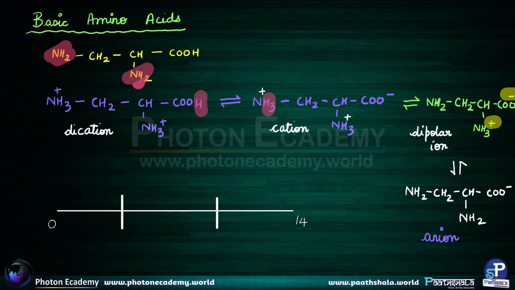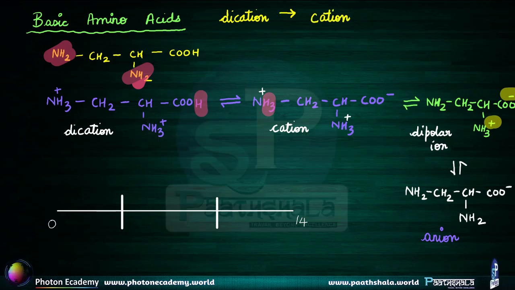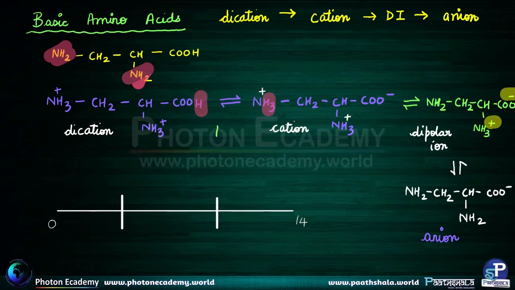So we have moved from a dication, with a positive charge being removed, to the cation, then moving on to the dipolar ion, which can be represented by Di, and next we have an anion. So we have this particular series taking place. We have Ka1 involved over here, then Ka2, and Ka3. So we have three dissociation constants.